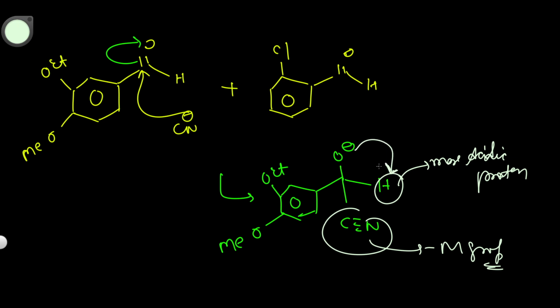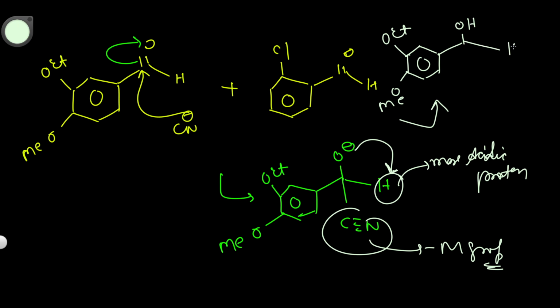Okay, so you will get something like this: OET, here is the OMe, and here is the OH, and here is the H, and wait, H is already abstracted by O minus, so here is cyanide, and here we have a negative charge. So what will happen next? So let me erase this all.